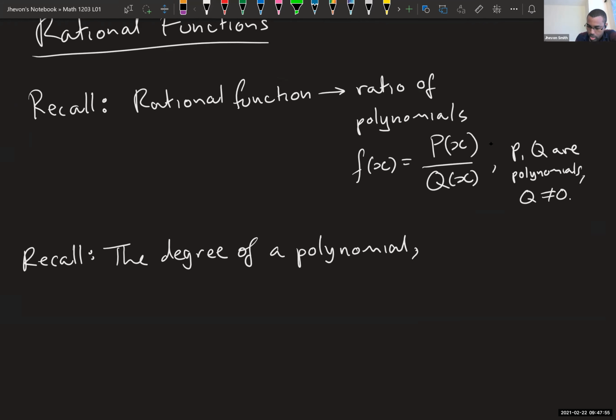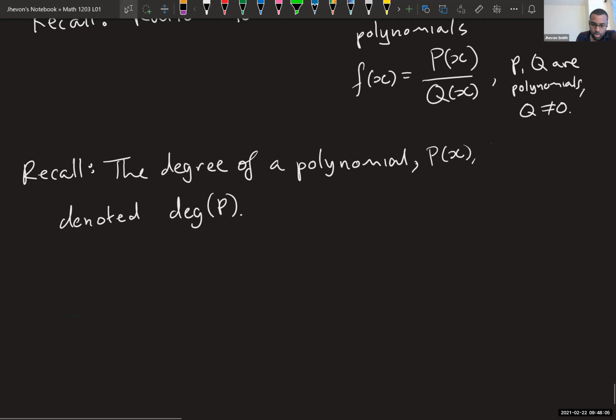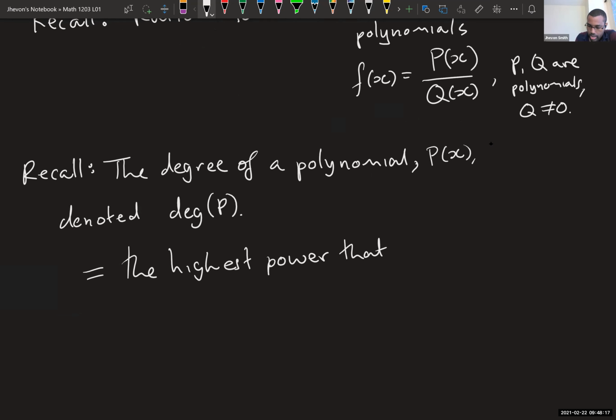The degree of a polynomial P of x, which I might denote by shorthand degree of P, right? So this is the highest power that appears.